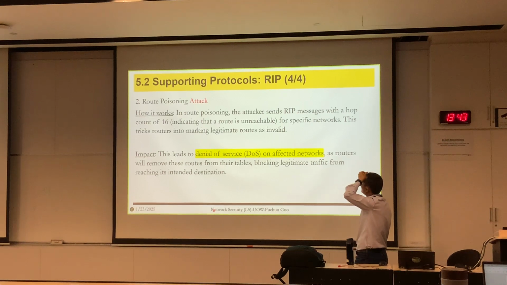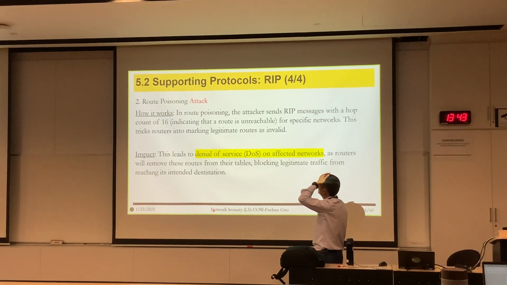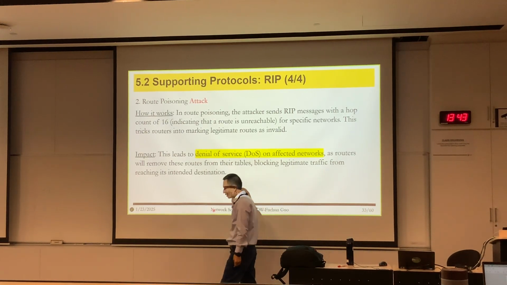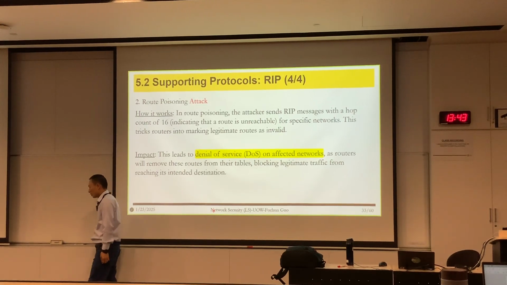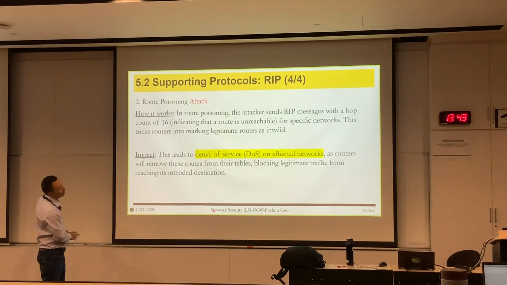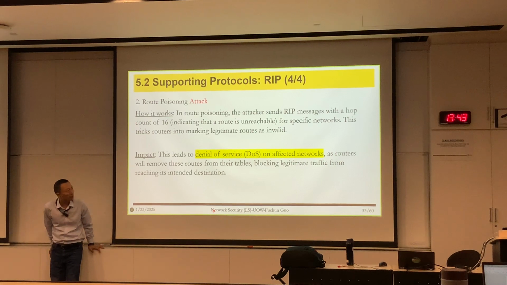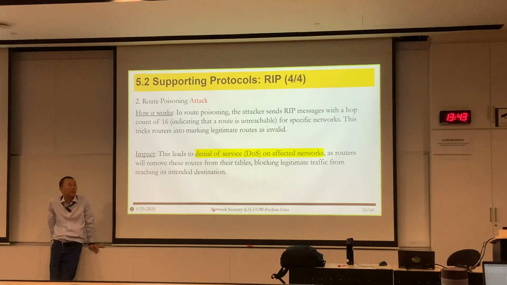Because the router will remove these routers from the table, blocking legitimate traffic, which is intended discrimination. This kind of denial of service is somehow different from the previous incident. Previously, when I introduced denial of service attacks, it was because the victim had used most of its CPU or memory trying to handle some kind of rubbish request.